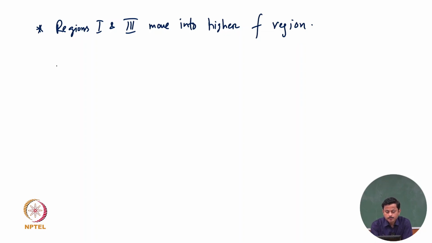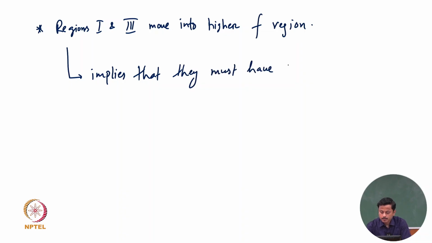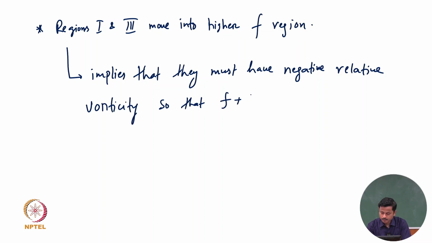So now what happens? This implies that they must have negative relative vorticity, so that f plus zeta is constant.